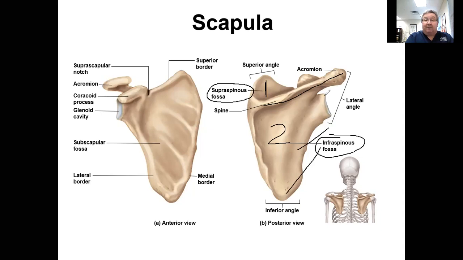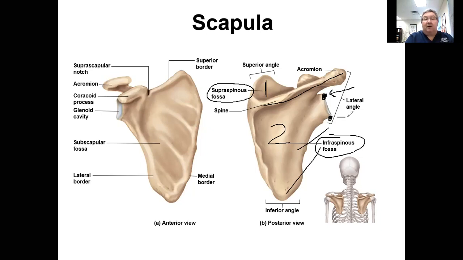On the top of this glenoid fossa and on the bottom are two very, very important parts. We have the supraglenoid tubercle. Again, supra, above the glenoid. And the supraglenoid tubercle is where the long head of the biceps originates.